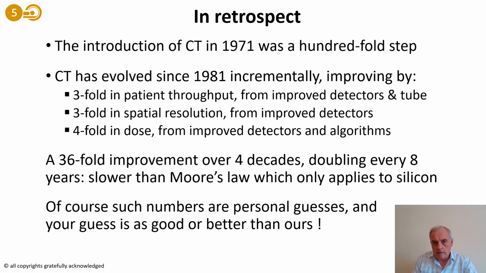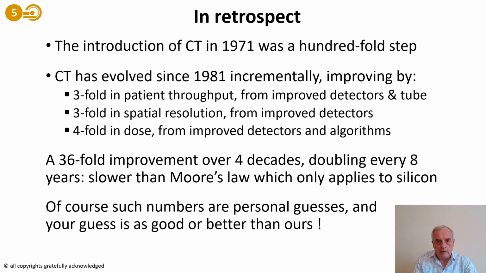And lastly, but probably most importantly, there's been a 4-fold improvement in dose, by which I mean dose efficiency rather than increasing the dose on the patient. And that, I think, is mostly attributable to improved detectors and improved algorithms.